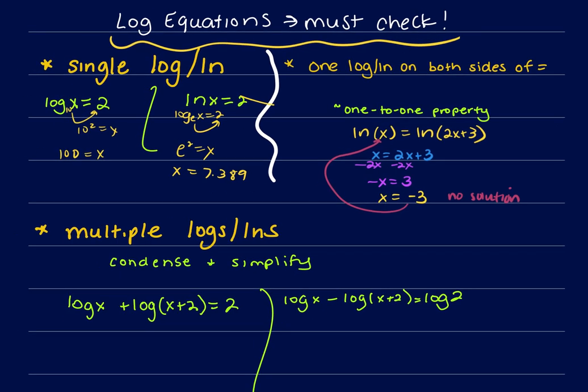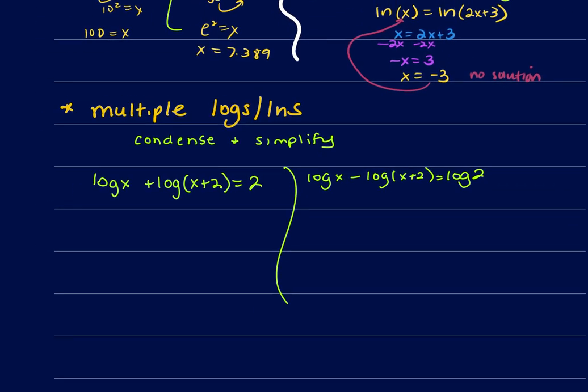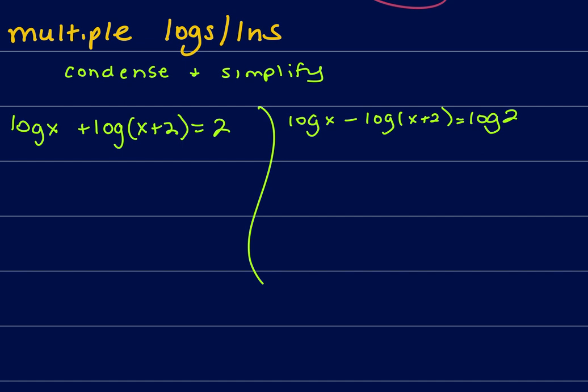And then the last kind is if there's multiple logs on either one side of the equation or both sides of the equation. For these, we're going to condense and then either convert to exponential or condense and use the one-to-one. So on the left-hand side, I get log of x plus log of x plus 2. This plus means multiplication.